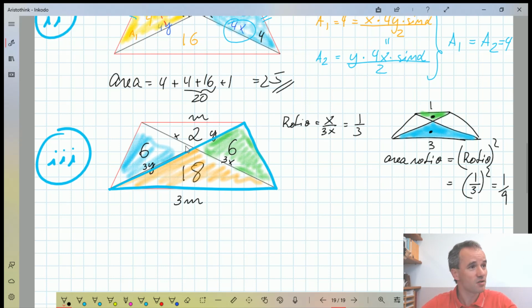But you can also see it through the basic area of a triangle. Look at this triangle, it has area 6 and base 3. This other triangle has base 1, 3 to 1, area 3 to 1, 1/3 of that area. So can you see, there are many ways we can solve it, but I'm going to explain why the area ratio between those two is a ratio squared.